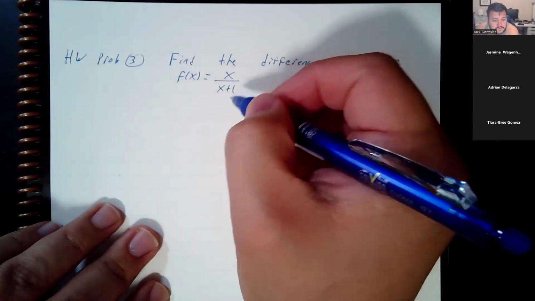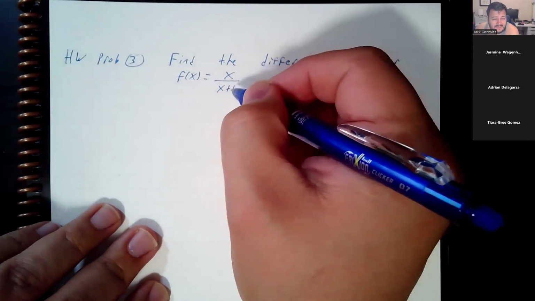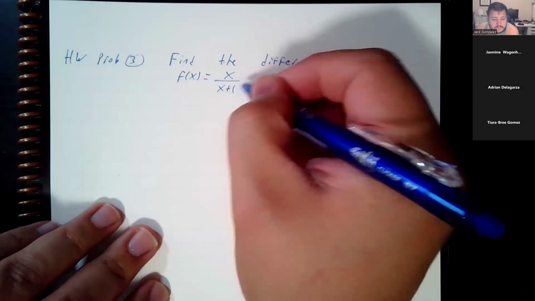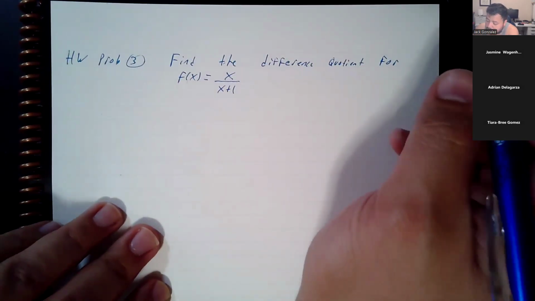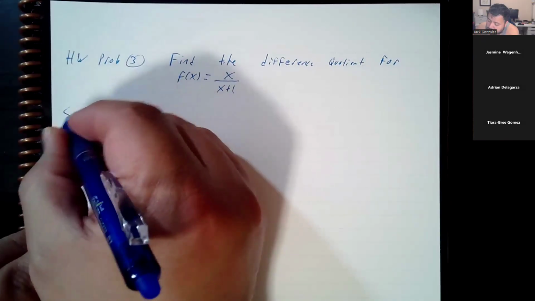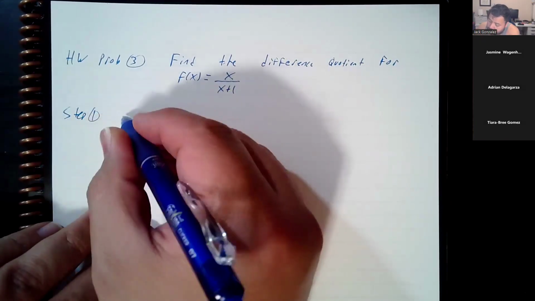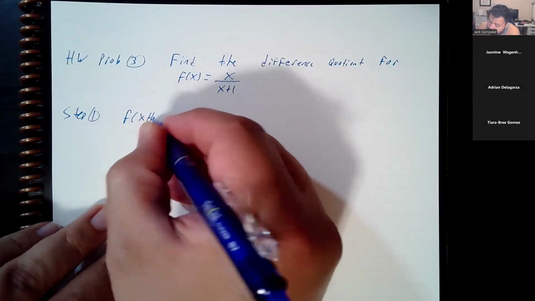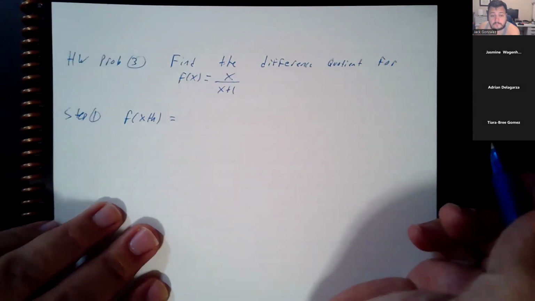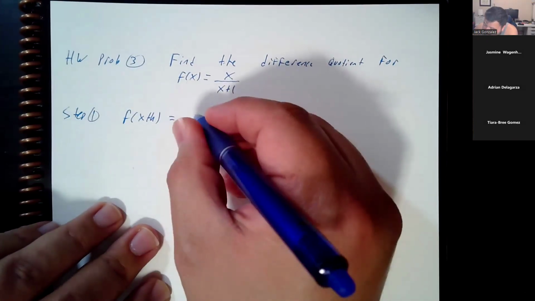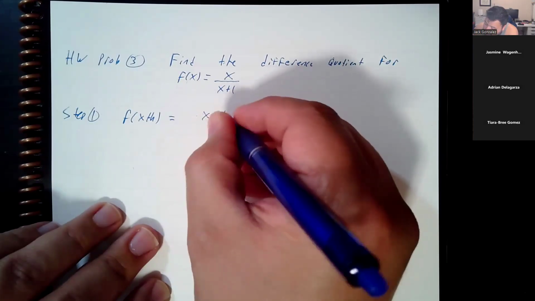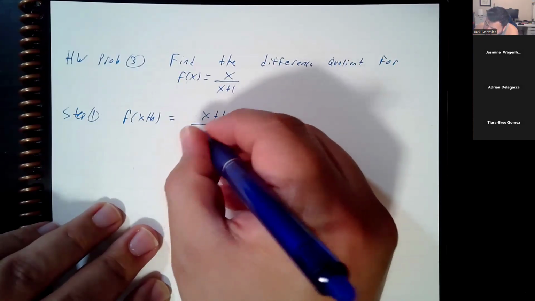So you can see since it's a rational type, it's going to require fraction stuff, and that can be difficult. So step one, find this guy, plug in your x plus h, x plus h.